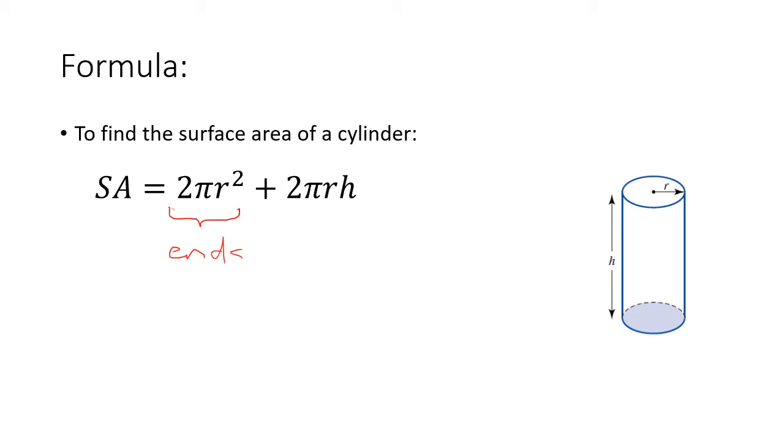So 2 pi r squared is the ends, and then plus 2 pi r h is the area of the side. Now you've just got to be careful with this one, that this only works for the total surface area of a cylinder where we're counting both ends and the sides, and we're not doing anything strange to the cylinder. You might have to apply the formula slightly differently in other situations.